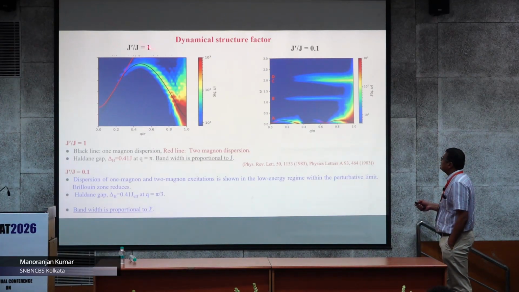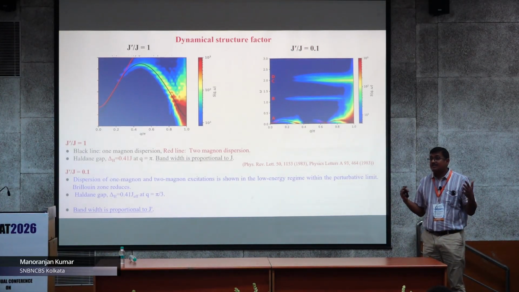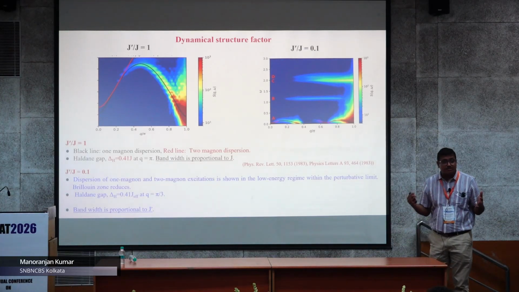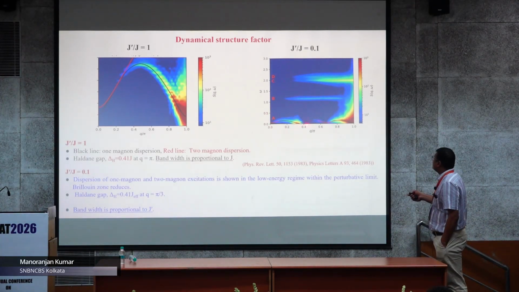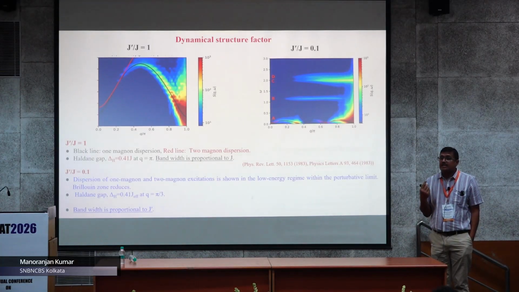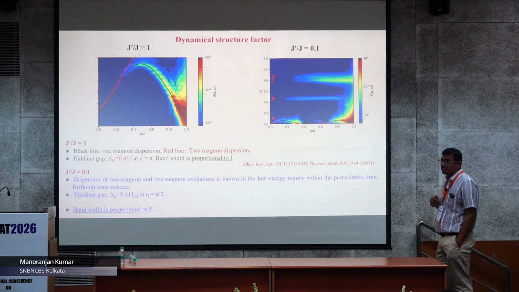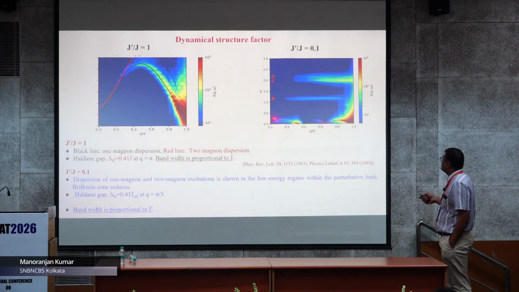Okay, but once you have this J prime different, let's say very small, then you expect all the confinement effects should be coming, right? You see the low energy physics is again governed by your effective spin 1 chain, right? That's what we did using the perturbation theory, and that's what you see.